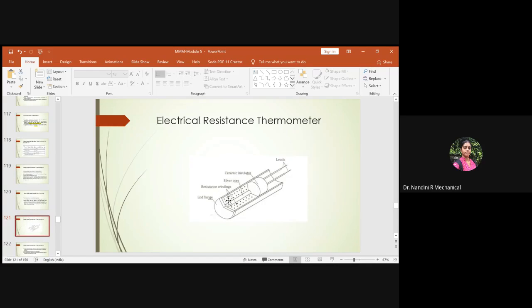These are the resistance windings provided on the silver core. The silver core is the conductive material, and the resistance winding helps in measuring the change of resistance.